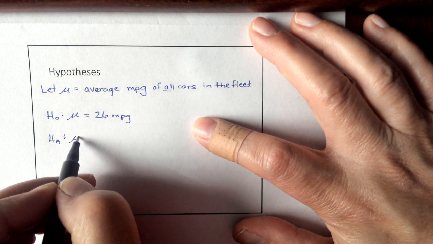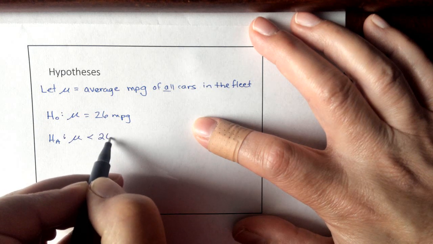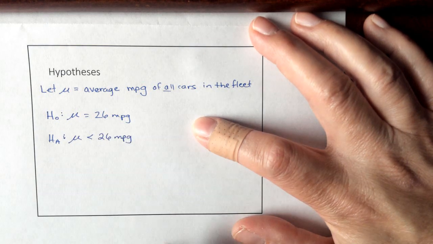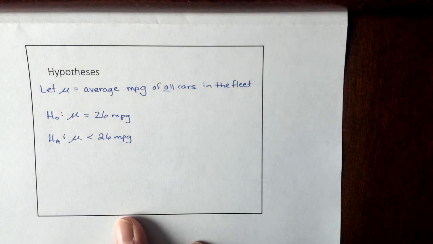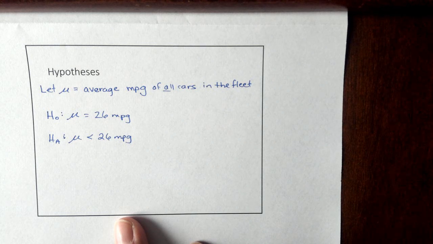So the mean is less than 26 miles per gallon. So this is a one-tailed lower tail test. The only difference in these hypotheses and what we wrote in the last chapters was we're talking about mu's instead of p's. We're in mean world, not proportion world.